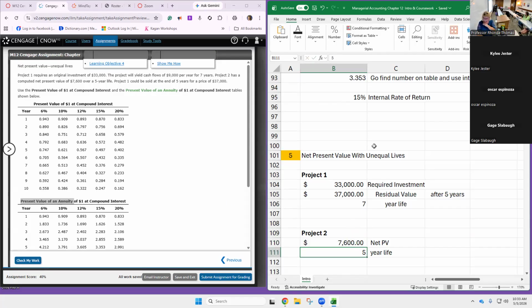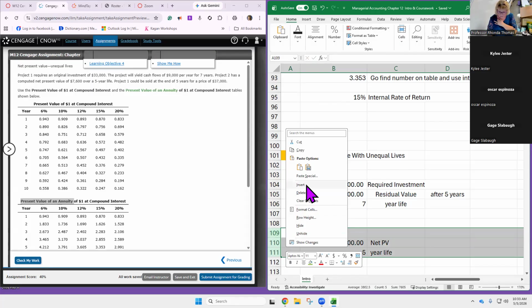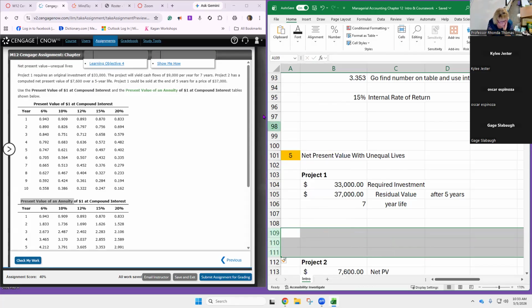All right, so let's go ahead and calculate this. The net present value would be the cash flow, right?